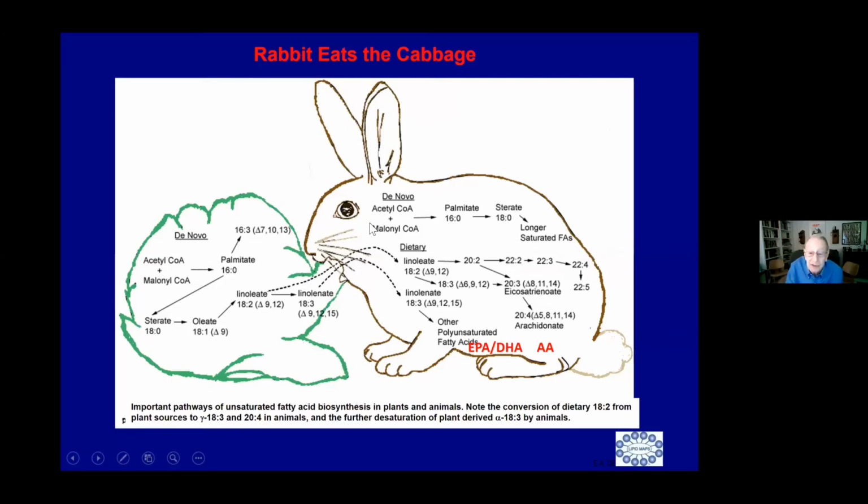Rabbits, plants, and humans eat it, and they convert it by a number of enzymatic steps over to the right to arachidonic acid from linoleate. And on a little bit to the left, they convert the omega-3 fatty acid precursor essential fatty acid to EPA and DHA, eicosapentaenoic acid and DHA.